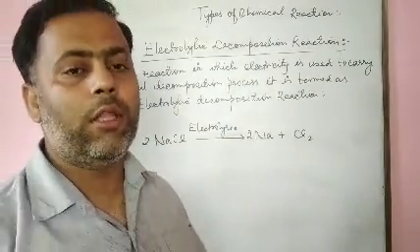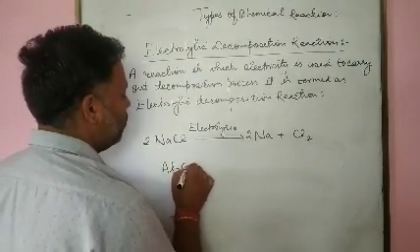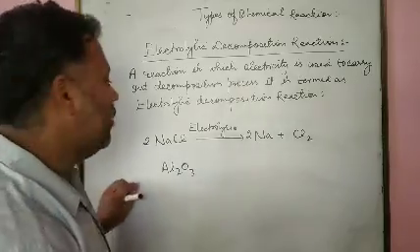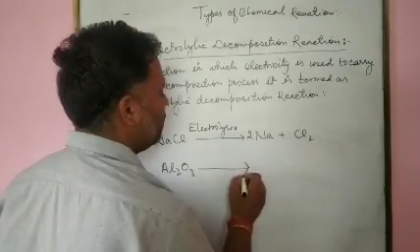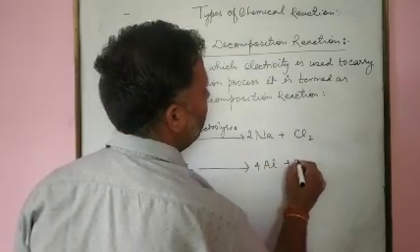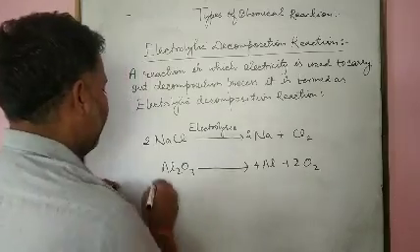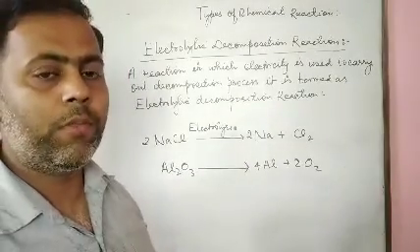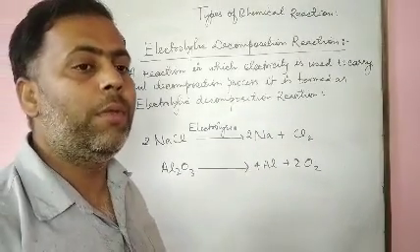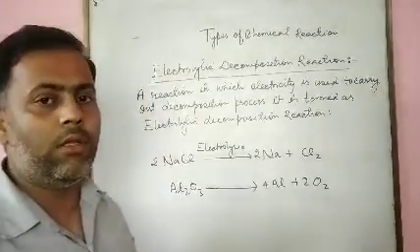We have another example. When Al2O3 is electrolyzed, it produces aluminum plus oxygen gas.